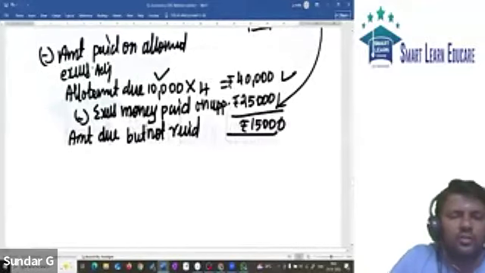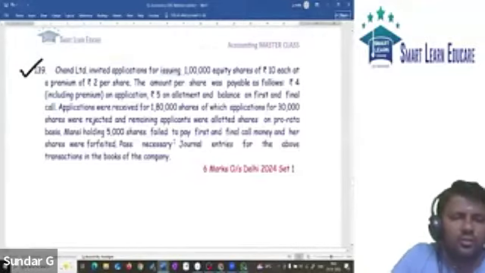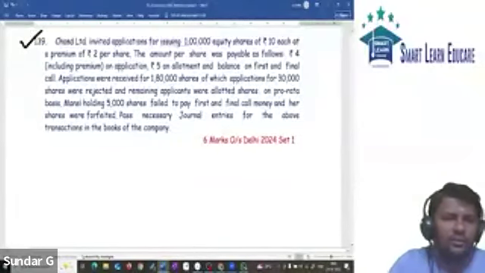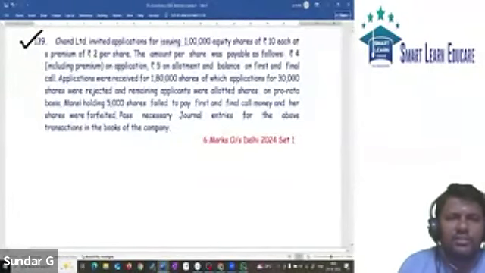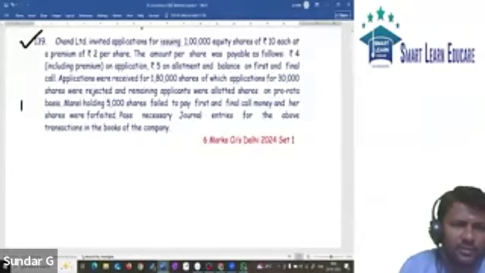Fine. So with this previous question done, now we will take up this question. Question number 139. C Limited invited applications for issuing 1 lakh equity shares of rupees 10 each at a premium of 2 per share. So 10 rupees plus 2, so 12 rupees. Okay, now the breakup of 12 rupees.